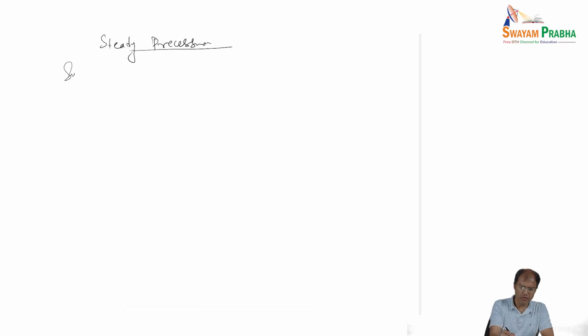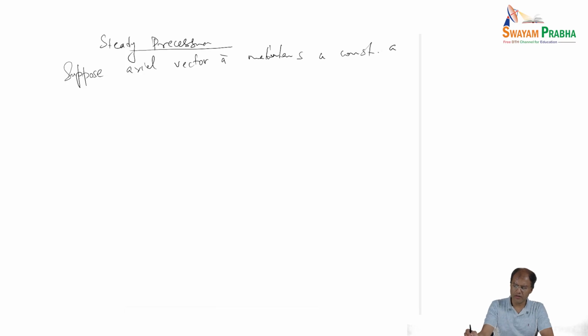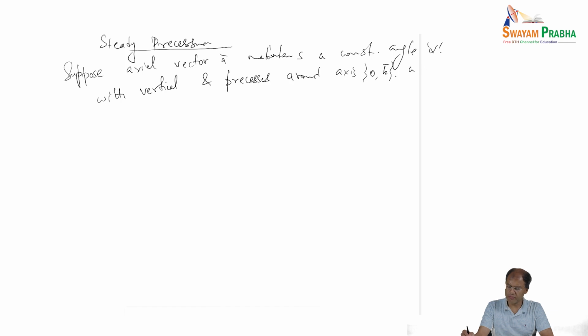So suppose the axial vector A maintains a constant angle alpha with the vertical and precesses around the axis O, K, with constant angular speed omega.